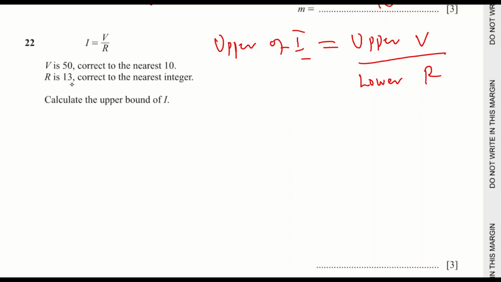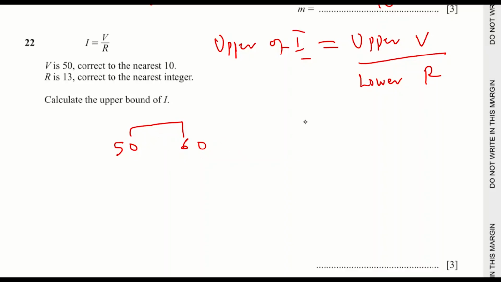Now we need the upper bound of V. V is correct to the nearest 10, so that means you need to count in tens. So this is 50, and the next one will be 60 if you count in tens. The average of these two numbers is our upper bound.